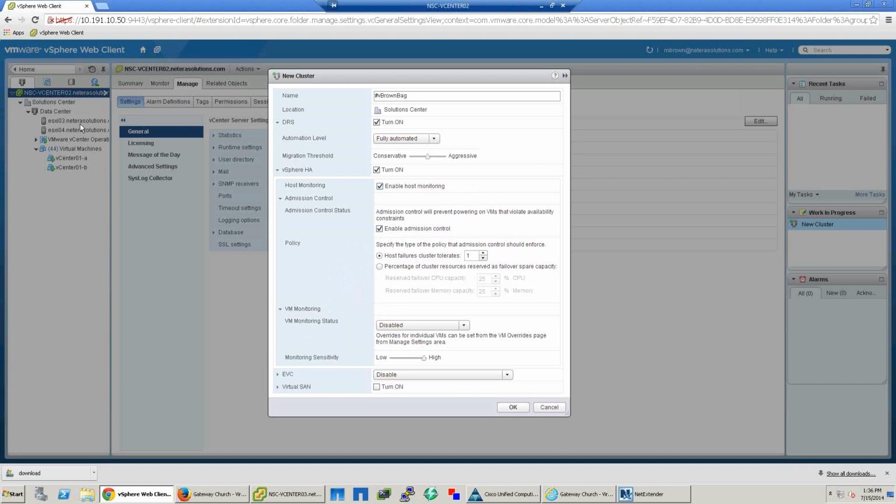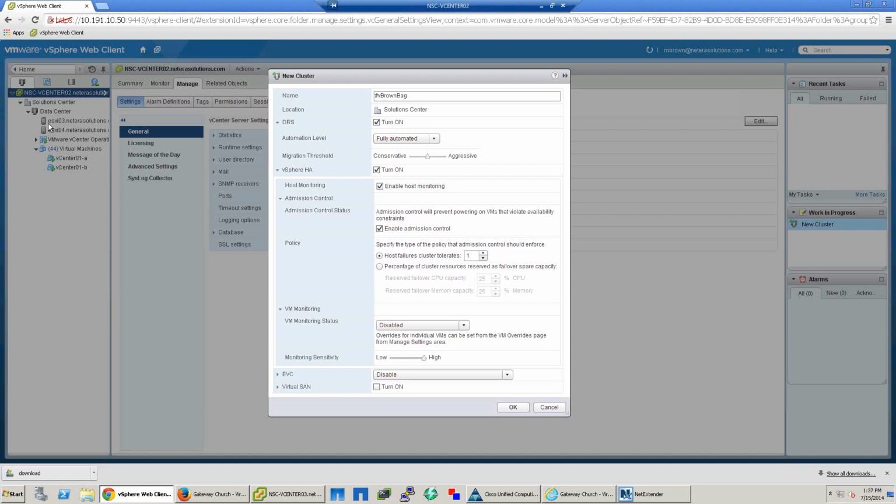Now HA is, of course, vSphere High Availability. HA's most important function is to restart virtual machines on surviving hosts should a particular host fail, right? It protects against hardware failure of your ESXi hosts, even purple screens. And it's not just hardware failures.